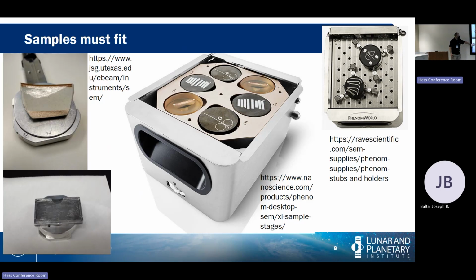Over here, we have other types of sample holders. This one is built for a standard thin section, the rectangular ones. Suddenly I forgot the word rectangle. I need more caffeine. So you can literally load your rectangular thin section into this, prep it in that state, and that would hold it. This was a piece of a pottery shard being loaded onto a rough stage to fit into an electron microscope chamber.